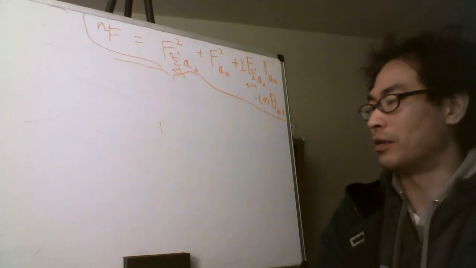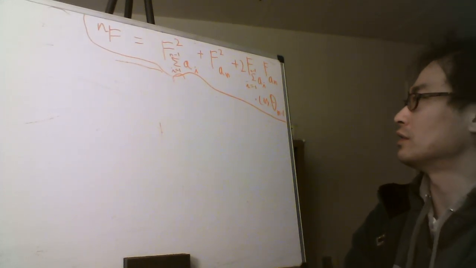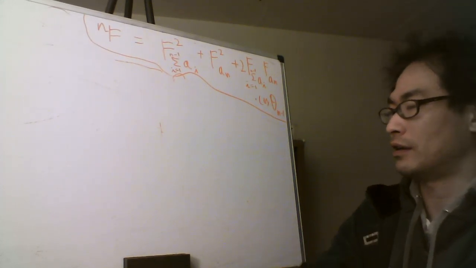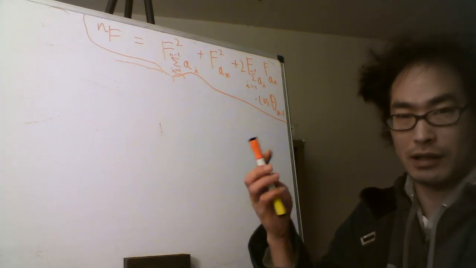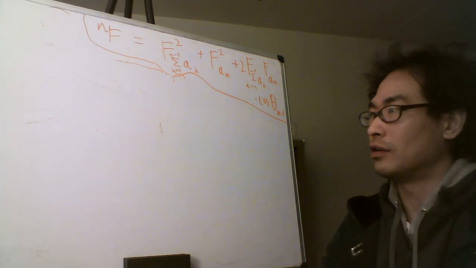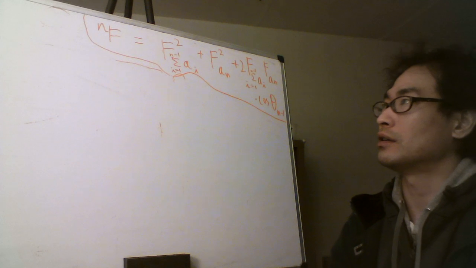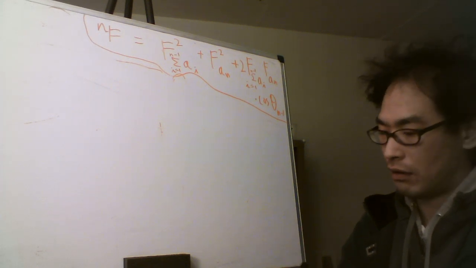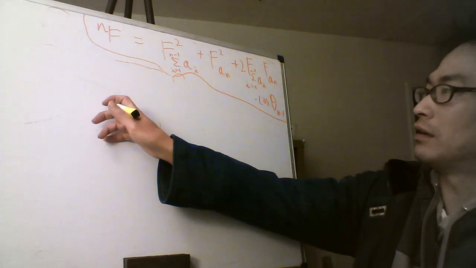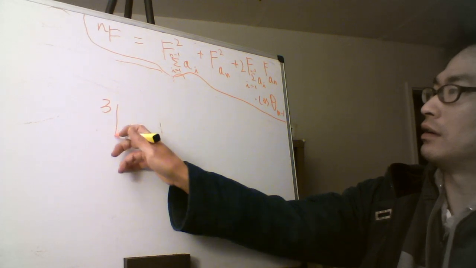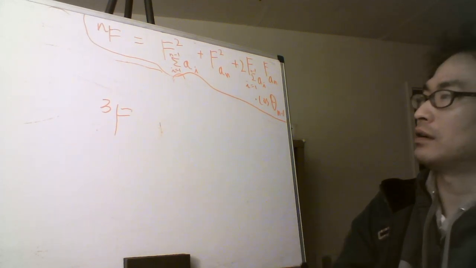Let's plug in numbers and see how it works when n is equal to 3. We are adding up 3 vectors, okay?